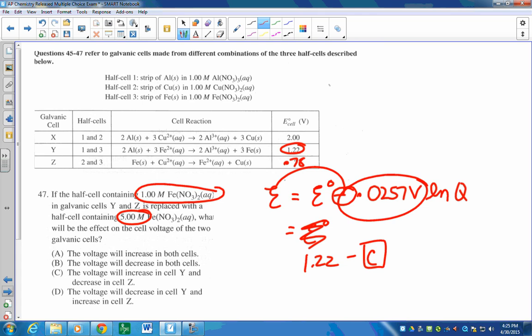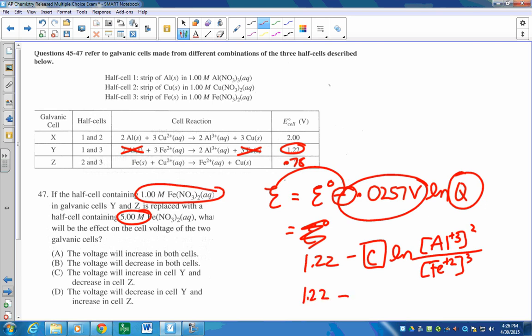Now, in galvanic cell Y, this gets crossed off and this gets crossed off, because pure liquids and pure solids do not go into the equilibrium expression. And what's Q? Q is going to be the concentration of the aluminum ion squared over the concentration of the iron ion cubed. So this would be 1.22 minus some constant times the natural log.